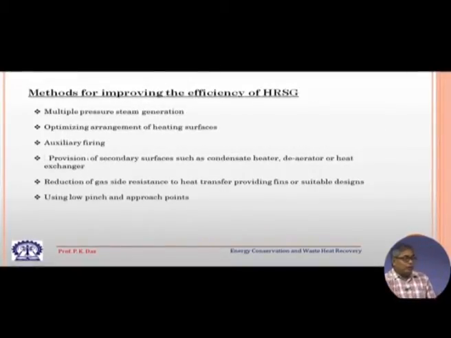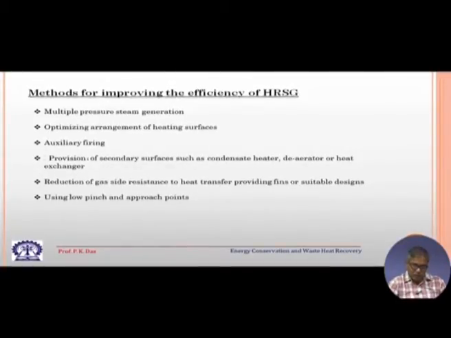Now that we know all these things, what are the methods for improving the efficiency of HRSG? We have described a single pressure HRSG, which is most common and simple, but it does not give the best utilization of your waste heat, particularly when the system is large.